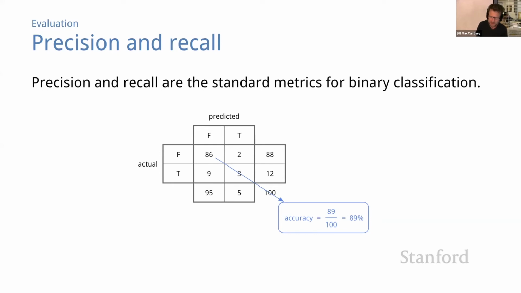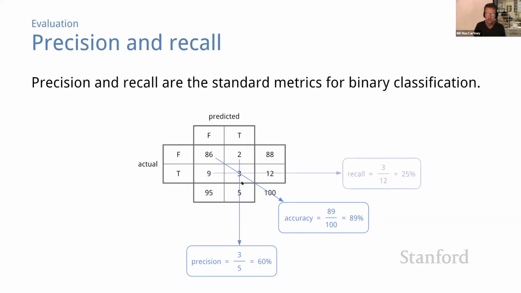So instead of accuracy, we look at precision, which says of the instances that are predicted to be true, what proportion are actually true? And recall, which says of the instances which are actually true, what proportion are predicted to be true?